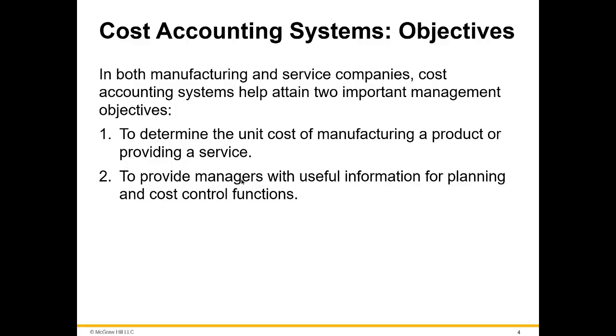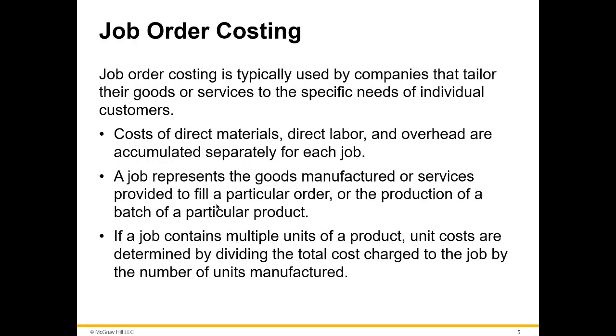And also, which is part of this, is to help provide managers with the information they need to both plan and figure out how much to bid on the next audit job or the next bridge you build, and also to control costs.